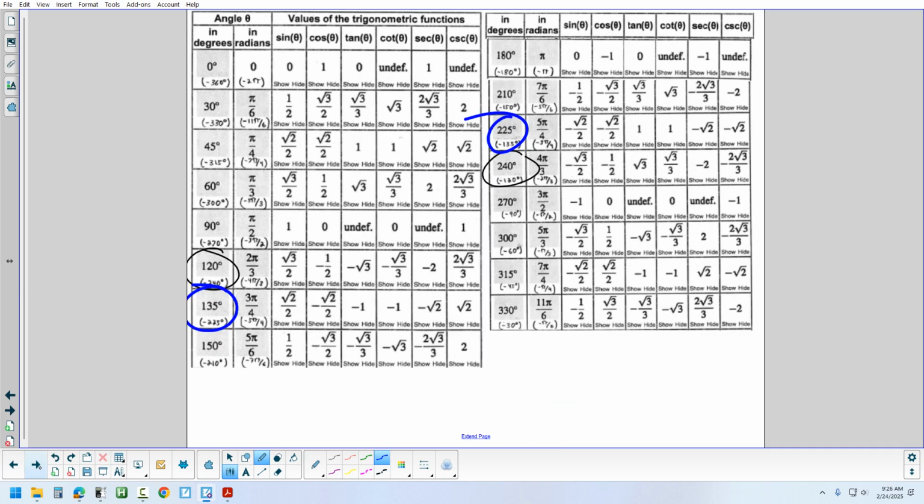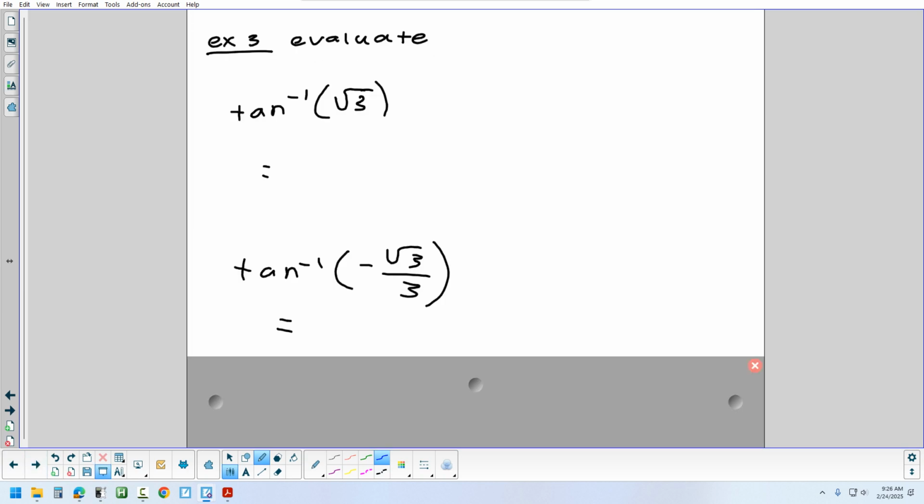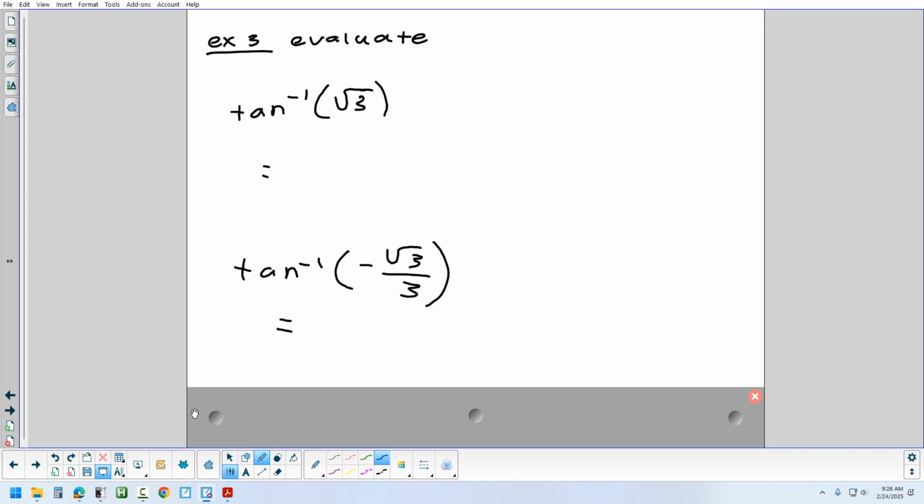All right, and let's just do a couple with tangent. Now you're going to notice something different about the tangent than any of the other ones. It's the first one we've talked about today that has undefined. We talked about 90 and why you can't do 90, because you'd be dividing by 0.